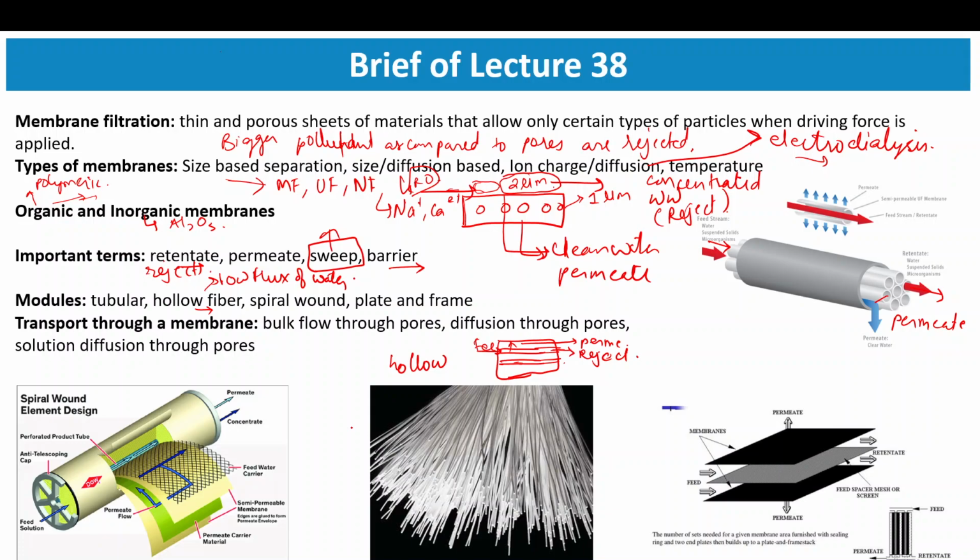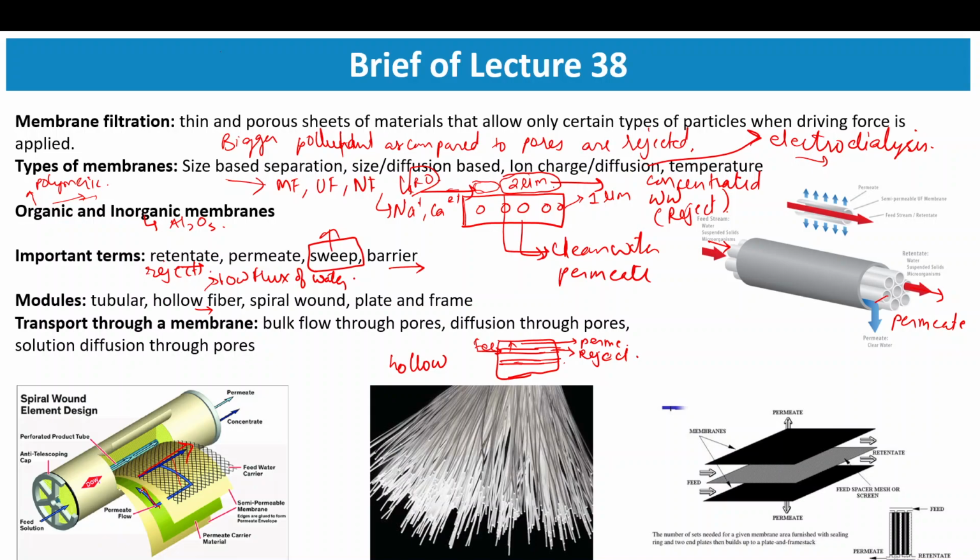and here from the inner space you can have the permeate. Another module which is very commonly used is the spiral wound module, where membranes are rolled over in a spiral manner. Here there are spacers used so that the membranes do not stick and you are able to separate each membrane. Say for example, if this is the path in which the feed water is passing, then the feed water will pass through the membrane and you can have the permeate on the downward side.